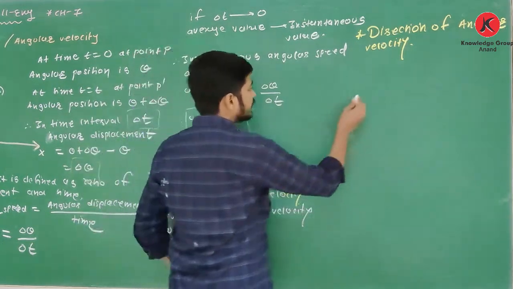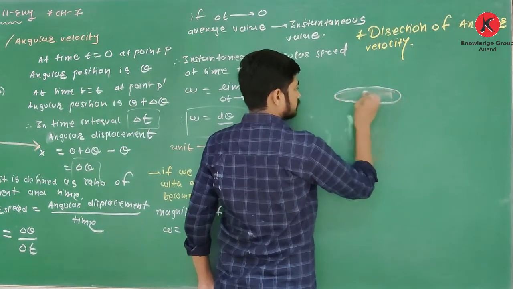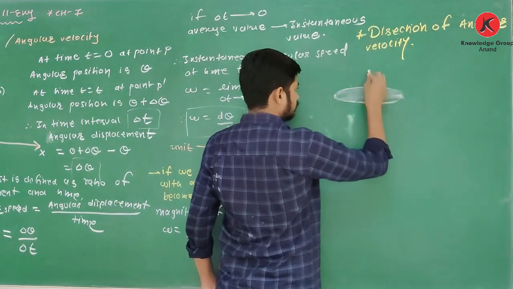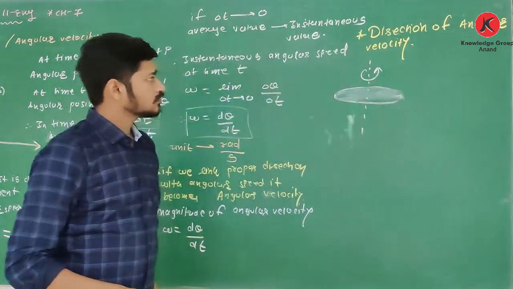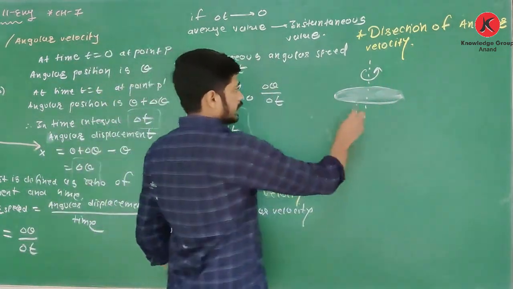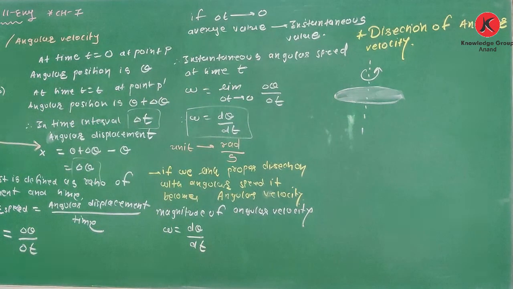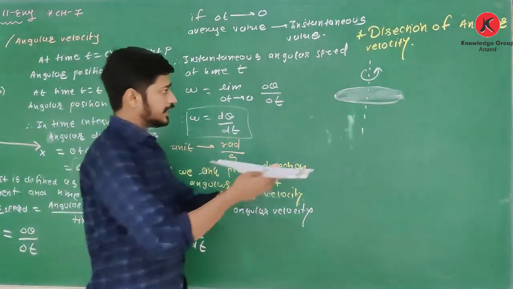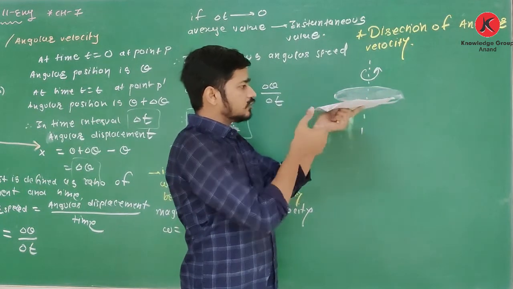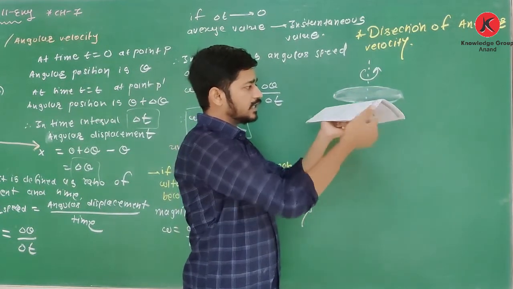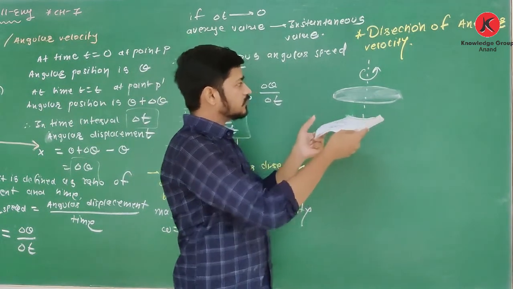Let you have one disk like this, rotating about this vertical axis in this direction. It is rotating in this plane. Clear about this?